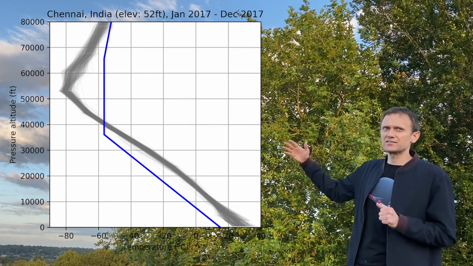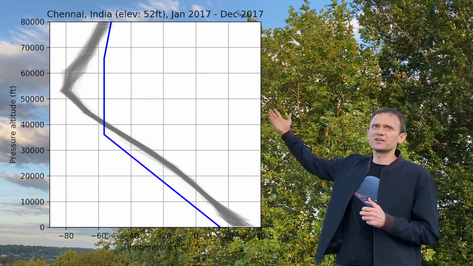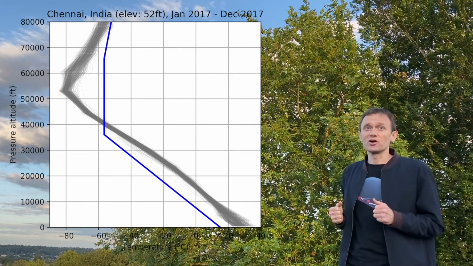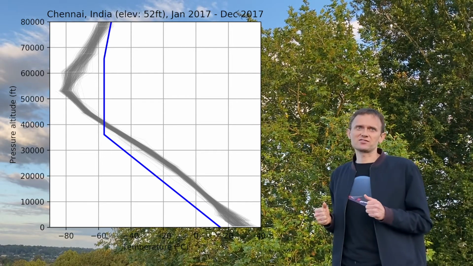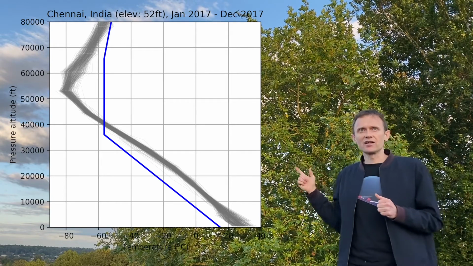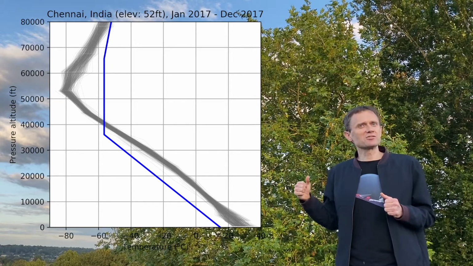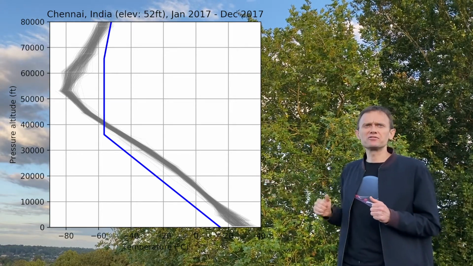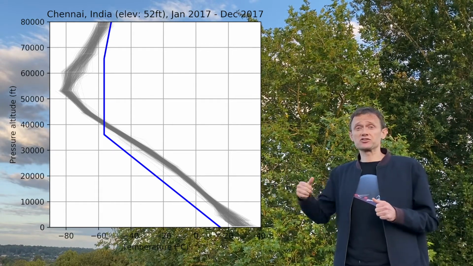Look how thick the troposphere is above India, and look how cold the stratosphere is, with temperatures dipping below minus 80 Celsius, where the ISA model is only predicting minus 56 Celsius. Another noteworthy feature of the Chennai data is how little seasonal variation there is, especially above 5,000 feet or so, significantly less than in the mid and high latitude cases we saw.